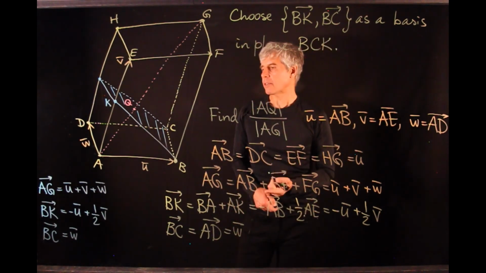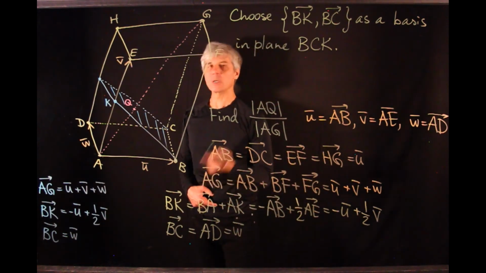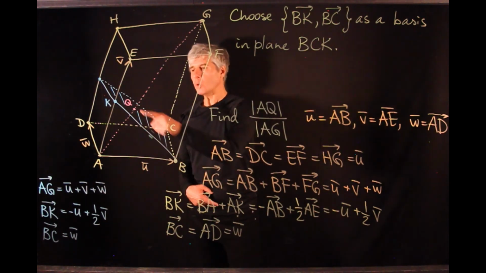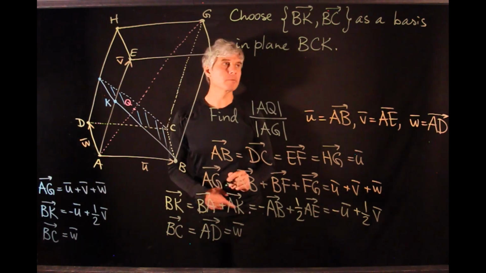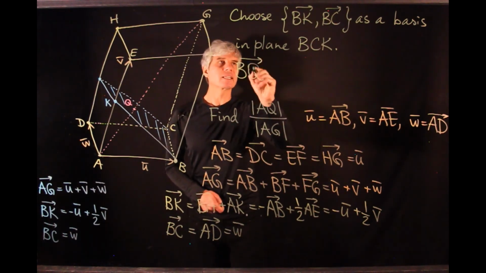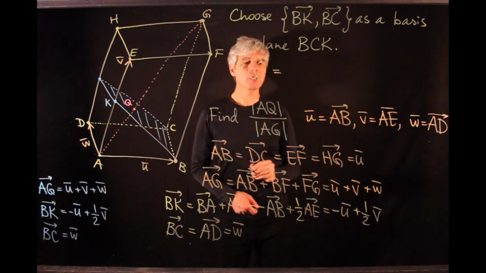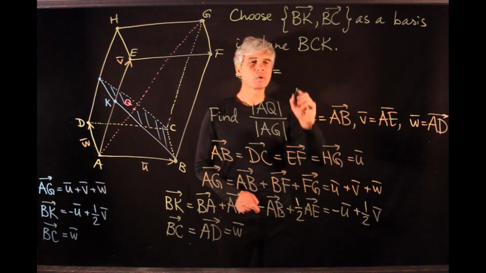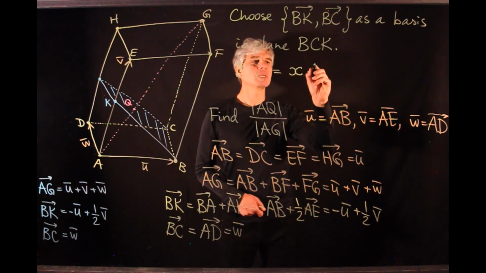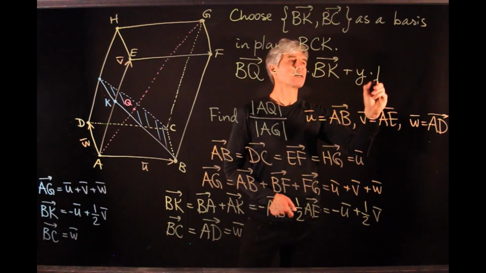Then any vector that lies in this plane can be expressed as a linear combination of these basis vectors. In particular, the vector BQ lies in the plane BCK. Hence, we can write BQ as a linear combination of BK and BC. Because we don't know the coefficients of this linear combination, we use unknowns. We'll write x times BK plus y times BC.